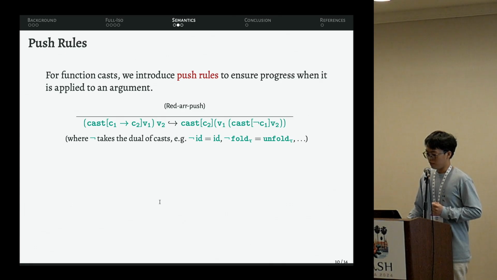In our new system, since we have this function cast as values, the canonical form of a function type can not only be a lambda, but also this new function cast. We need to define semantic rules to ensure progress when it's applied to an argument. Here's our design, which we call push rules because it is inspired by similar designs in the GHC compiler core language, System FC.